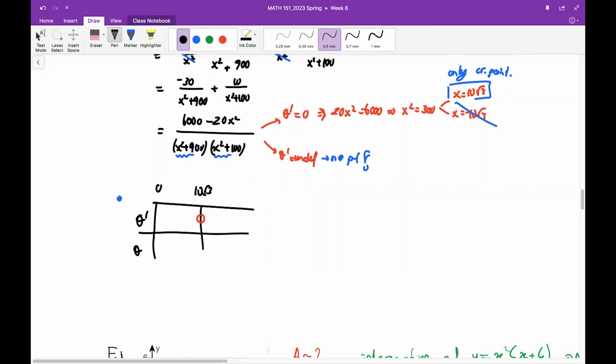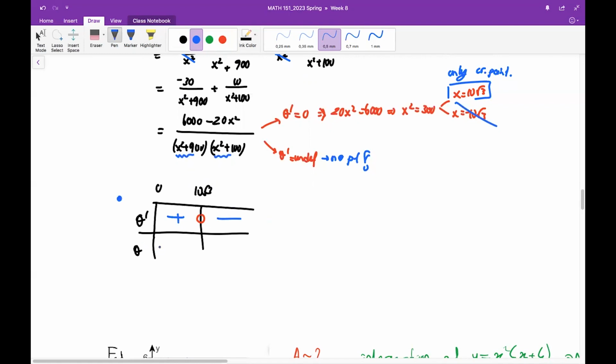at this critical point. If you choose a smaller number than this, then the numerator becomes greater than 0, right? It becomes positive because we are choosing a smaller value than 10 times square root 3. So this quantity is positive. If you choose a bigger number, the quantity will be negative.